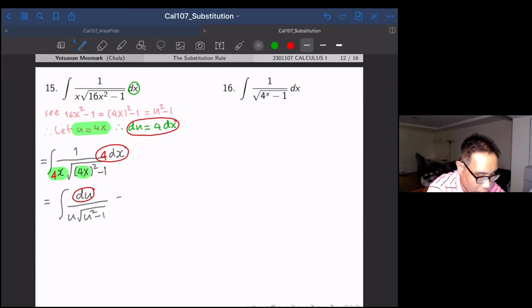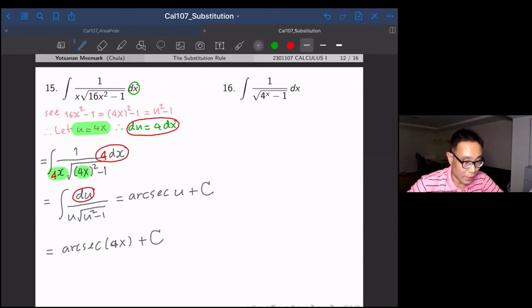And this will be arc sec u plus c. So you get arc sec of 4x plus c, and that will be your final answer.